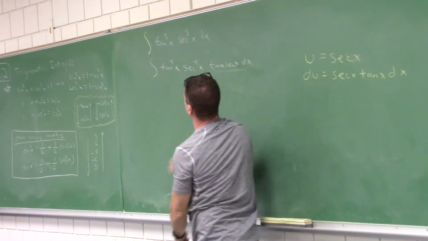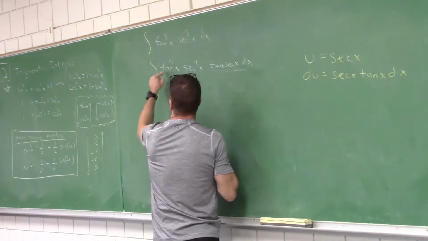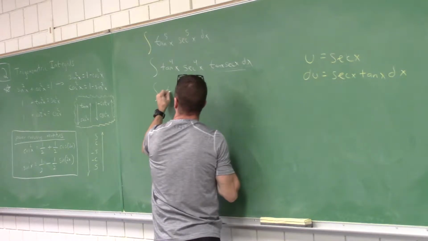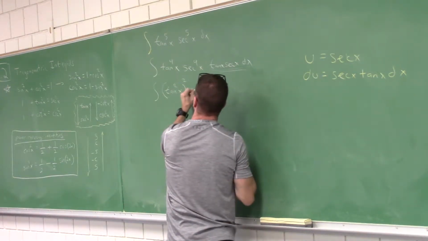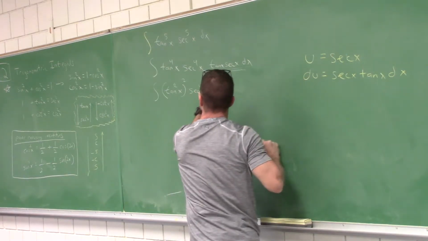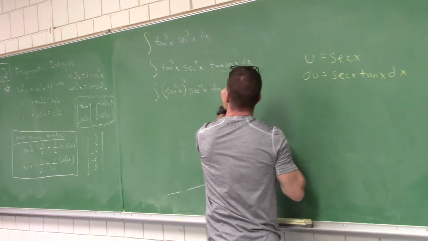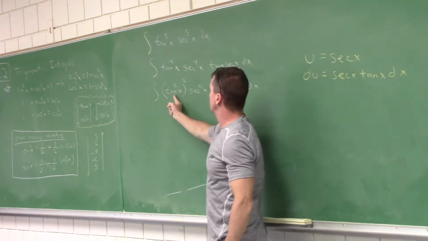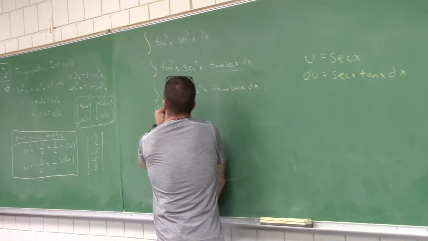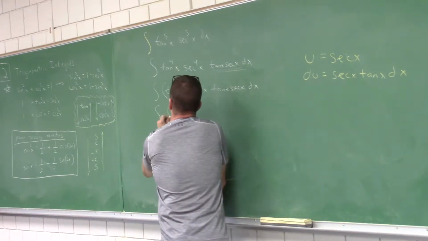Excellent. First I'll write this as tangent squared of x, all squared. Tangent x, secant x, of course, secant x, tangent x. And I can now write what? Secant squared x minus 1.